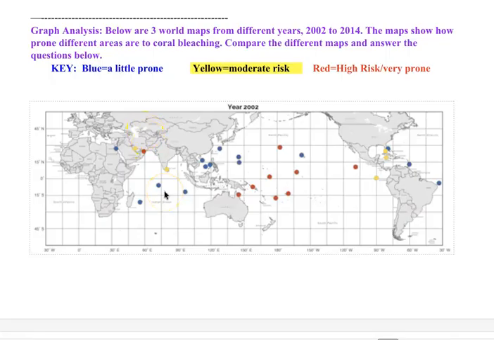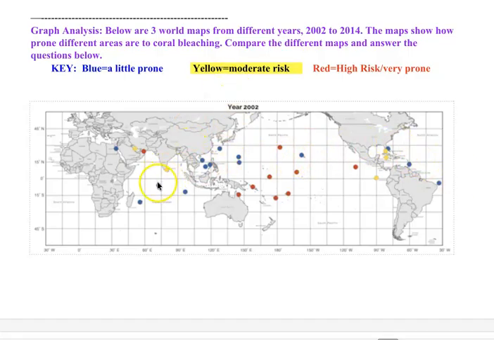So below here we have 3 world maps from different years. We have 2002 to 2014. And the map shows how prone different areas are to coral bleaching. Now, you can't see it on your paper, but you can see that blue is a little bit prone, and there's a little bit of blue all over the map.